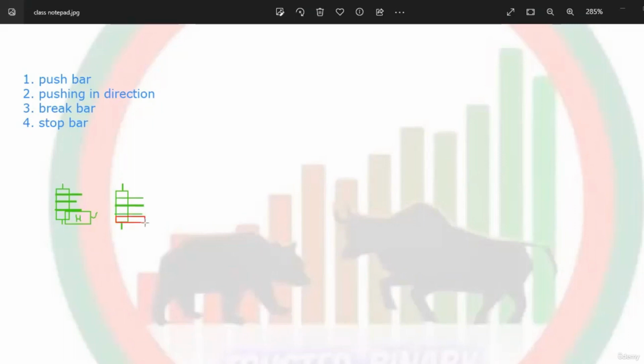The candlestick is bullish, okay? Anywhere in this area, volume is high by the seller side.